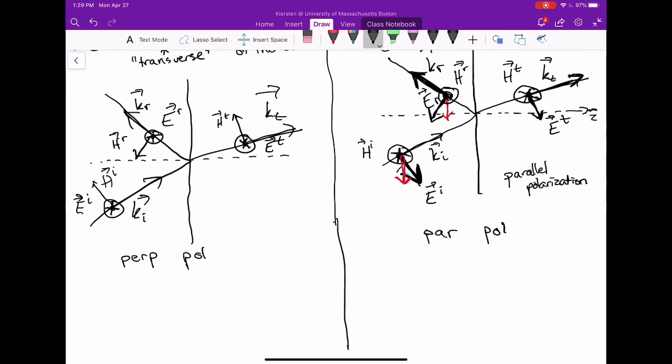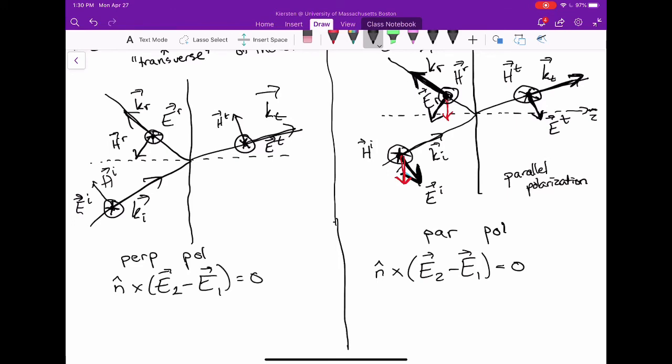Some of the boundary conditions are the same in both cases. In both cases, the tangential components of the electric field have to be equal across the boundary. And the tangential components of the magnetic fields also have to be equal across the boundary.